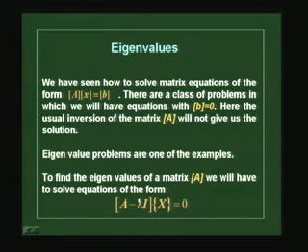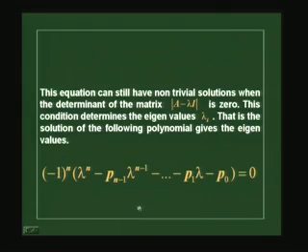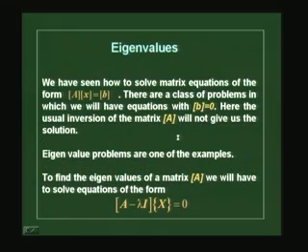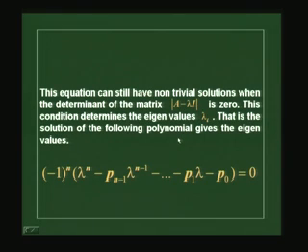And we said that this kind of equation has non-trivial solutions provided the determinant of A minus lambda I is 0. That leads us to what is called the characteristic polynomial, that is, determinant of A minus lambda I equal to 0 is the characteristic equation for the eigenvalues.